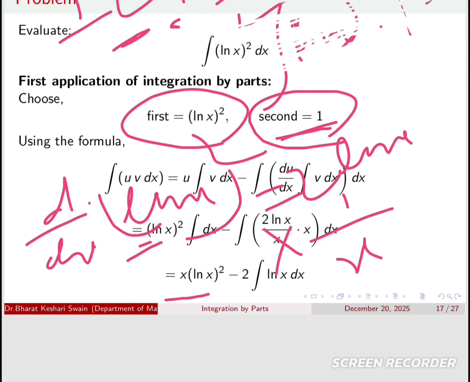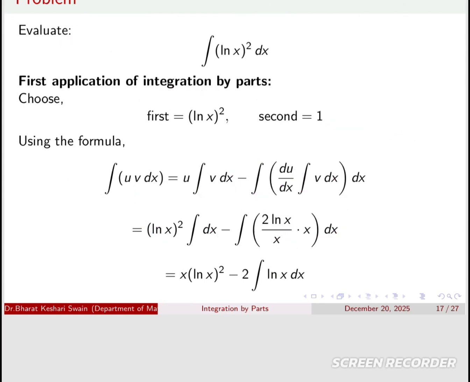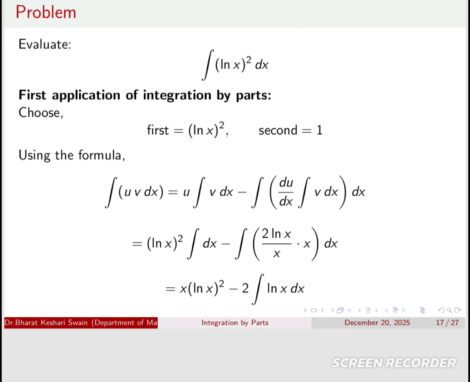So 2 ln x by x. Therefore it is x ln x whole square minus integration of 2 ln x, and integration of 1 means again x, and x cancels, only 2 ln x dx. Integration of 2 ln x dx. For this integration, again we can use the by parts rule.